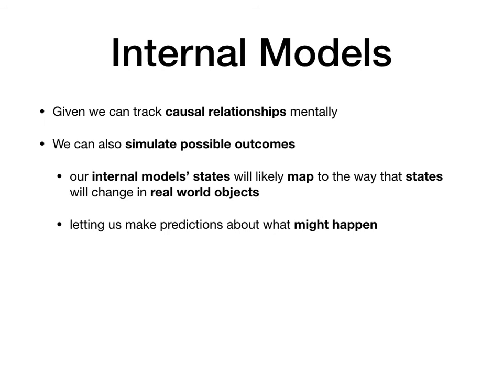So we can make predictions about what might happen using these internal models. And that's really useful. It's about reasoning over uncertainty and novel situations, because we're able to store information, relationships between symbols that have meaning in the world.